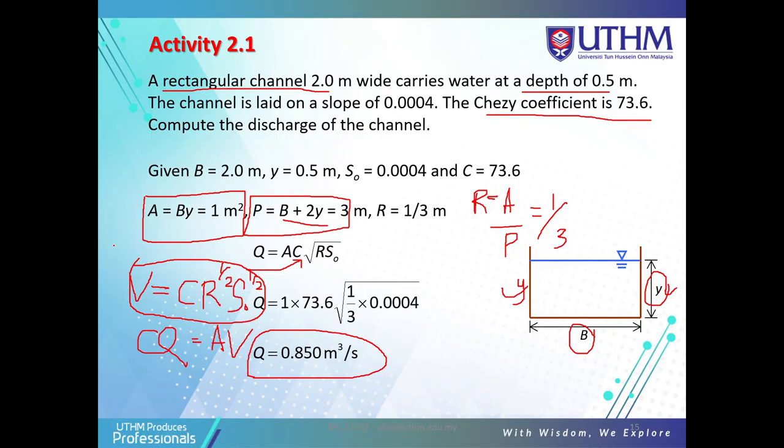We must get the area from the equation in chapter 1, and in chapter 2, we find the velocity and also the discharge.